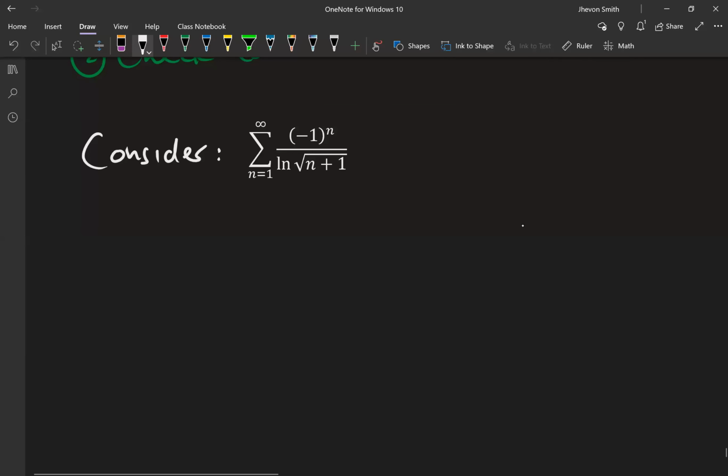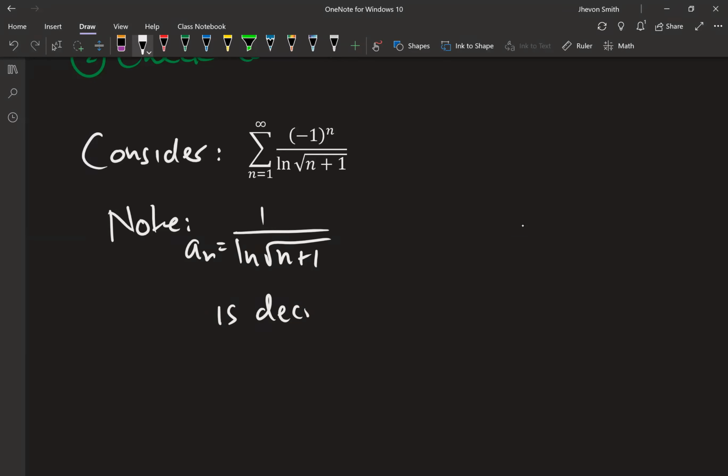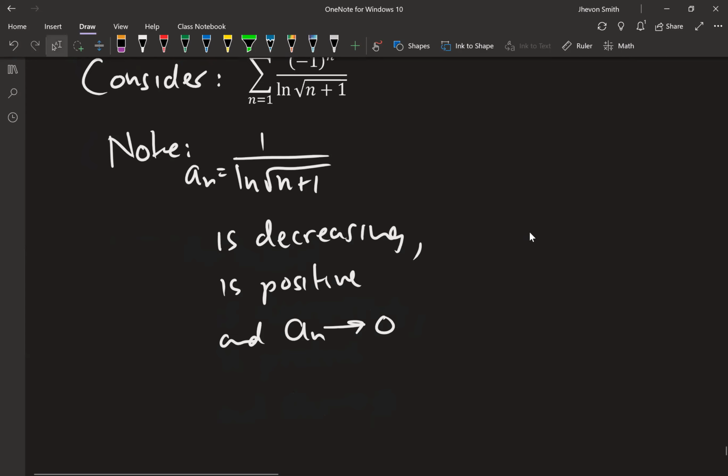So note, 1 over ln. If I set a_n equals this, it is decreasing. It is positive. And a_n approaches 0. This means the series converges by the alternating series test.